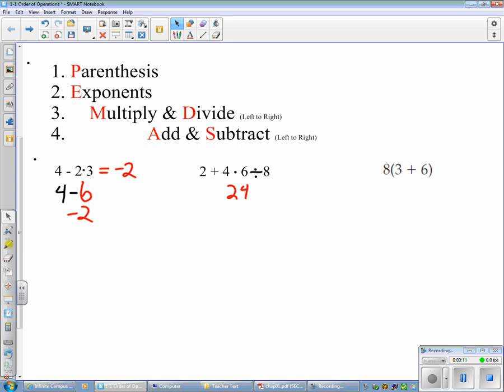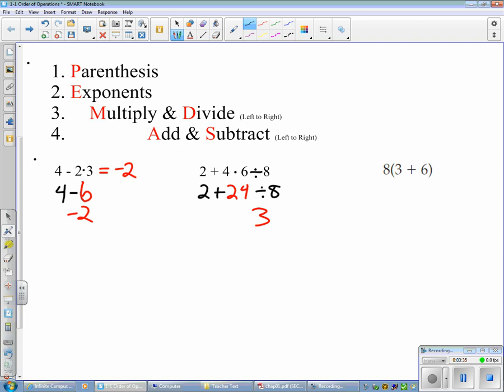So we're going to write that right below 4 times 6, and then very important, copy everything else down. I didn't do anything with the 2 or the plus or the divide or the 8, so just copy that right down below there. Next, I have a plus and a divide. Well, I'm still on that third step of multiply and divide, so let's go 24 divided by 8 is 3.